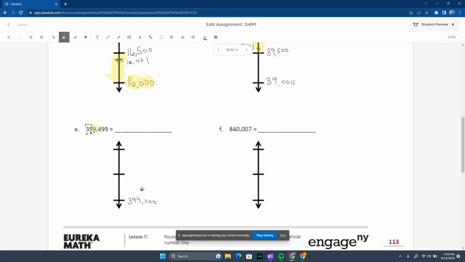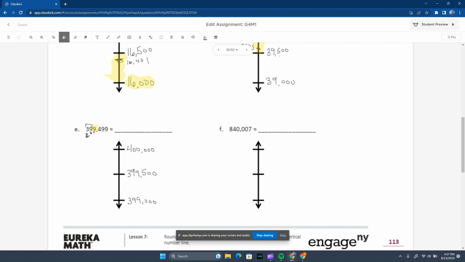Now, what's the 1,000 that comes after 399,000? It's a little bit tricky, but this would be 400,000. Okay. In between 399,000 and 400,000 would be 399,000, same amount of thousands, but just with 5 extra hundreds.